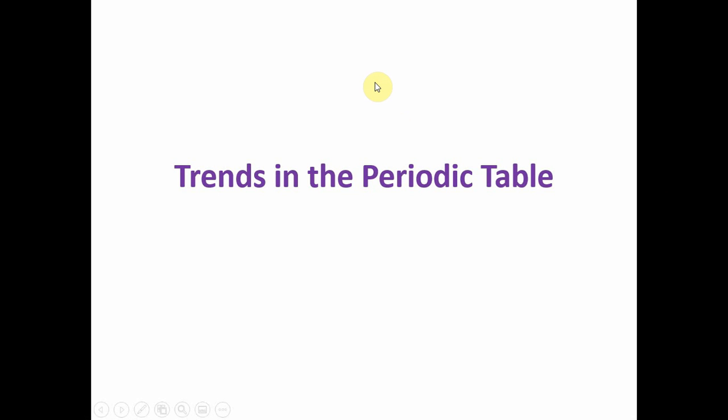In this note, we're going to look at trends in the periodic table. One of the things that we quickly realize when we deal with chemistry and chemicals, and specifically looking at the elements, is that there are very distinct characteristics and properties of each element that are the defining characteristics of that particular element.